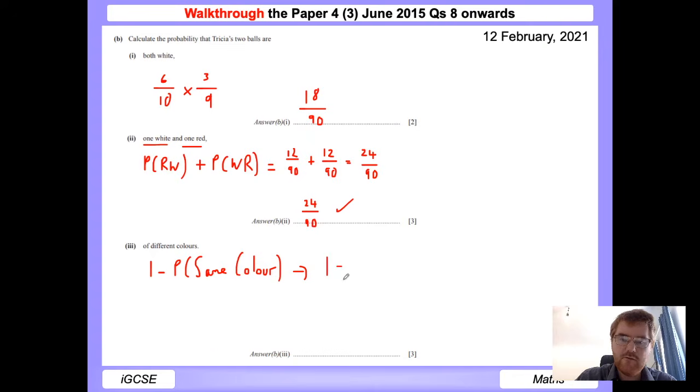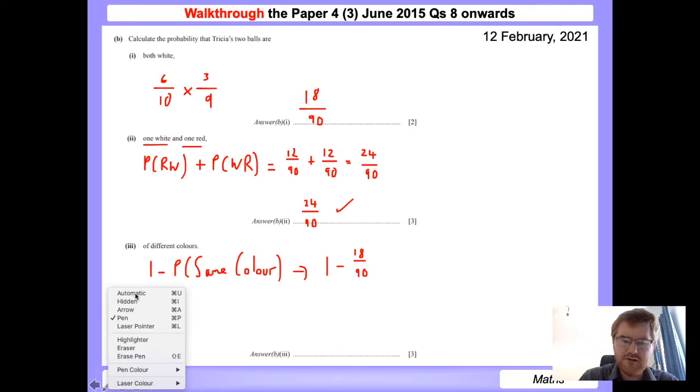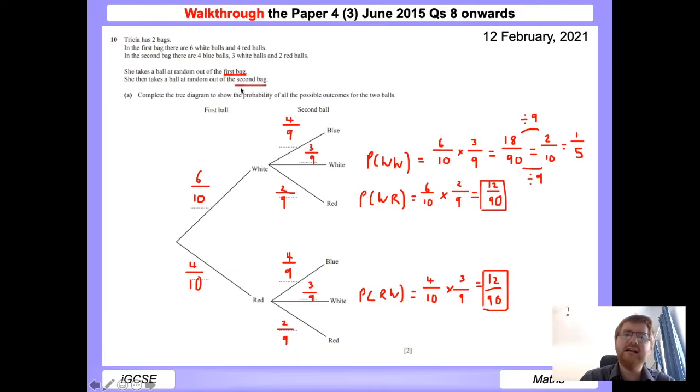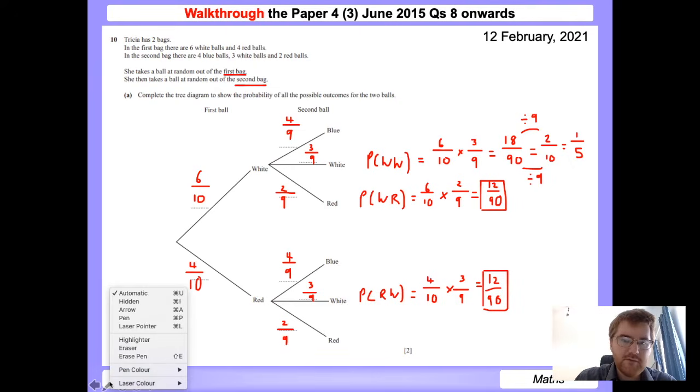The reason I do it this way is that we've already worked out some of these things. So we've already worked out the probability of both white, which is 18 over 90. So all we now need to do is work out the probability of red red and blue blue, I think the other colour was. Blue blue, exactly. And then we can just work it out from there. So what I'm going to do is just work out the same colour.